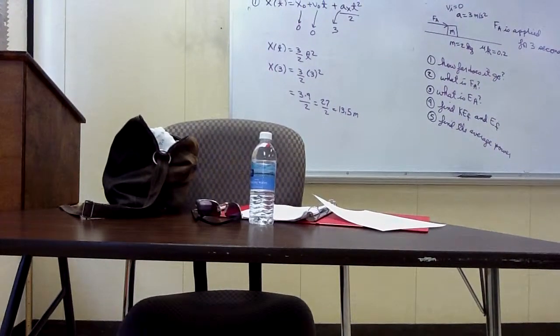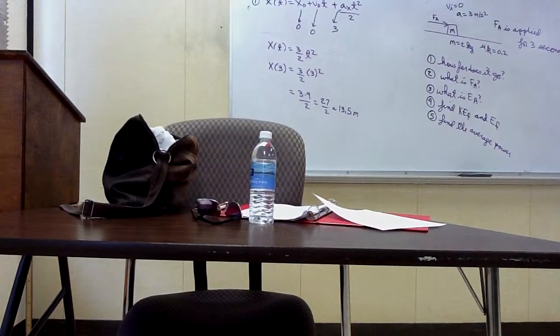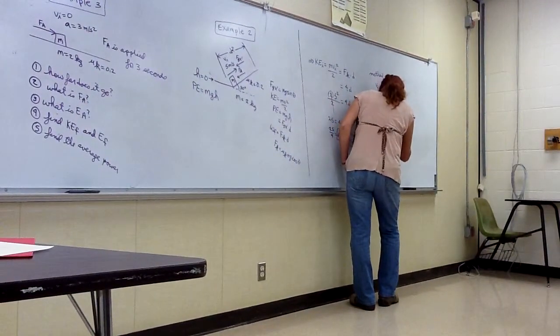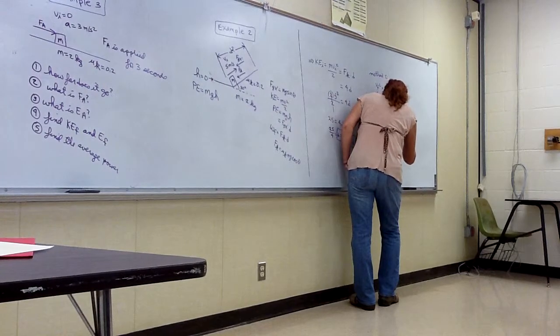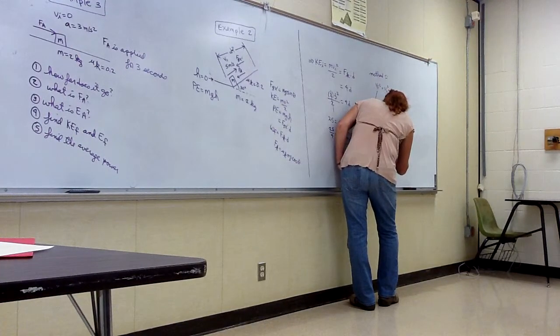This is given as 0. We need this. We also know a velocity equation. We know v(t) is equal to v0 plus at. We know its initial velocity is 0. We know this is 3. So v at time 3 is its final velocity.